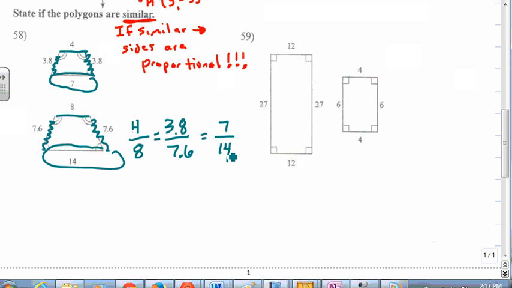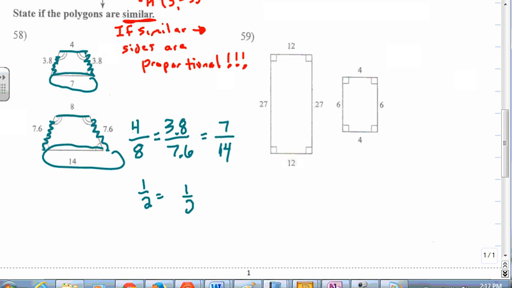Okay, put these in your calculator. Math, enter, enter to reduce your fractions. So what does 4 over 8 reduce to? As a fraction, 1 over 2. What does 3.8 over 7.6 reduce to? 1 over 2.